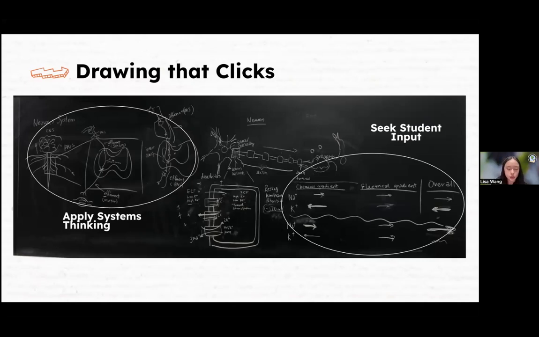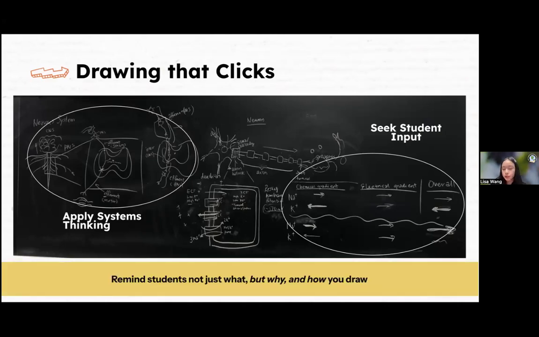Technically you're the one drawing, but I say draw with me, so students have their own drawing at hand and follow along. This sets up really nicely if afterwards you want to do a more in-depth case study, because students have their own versions of the class drawing to base that off of. And again, remind students that not just what you are drawing, but why and how you are drawing is very important.